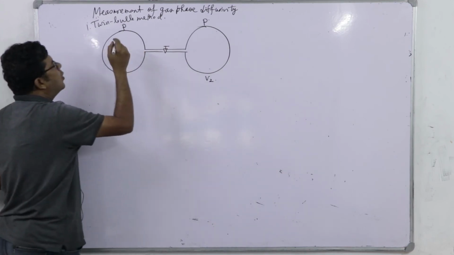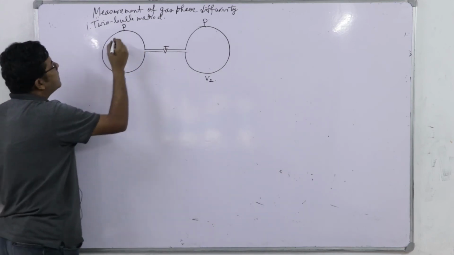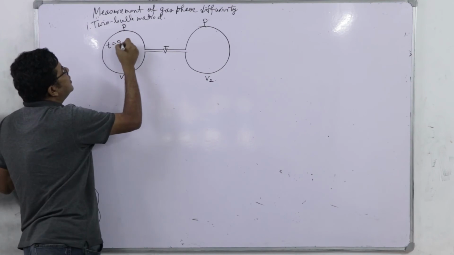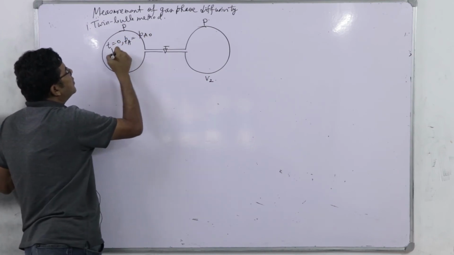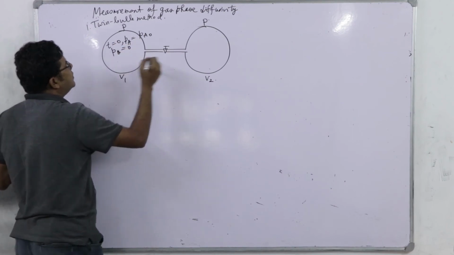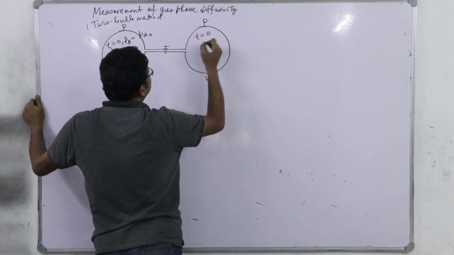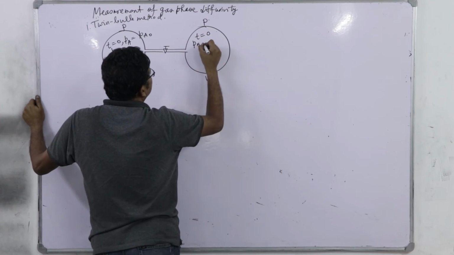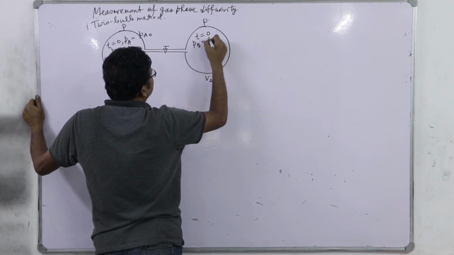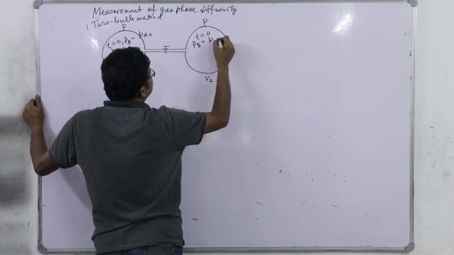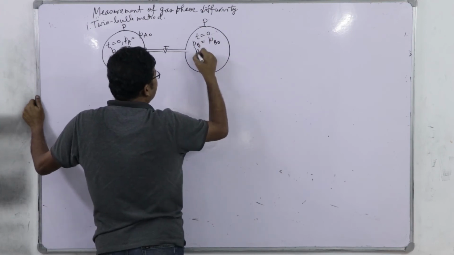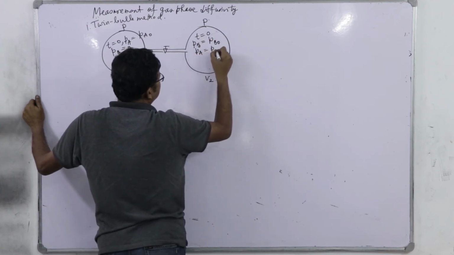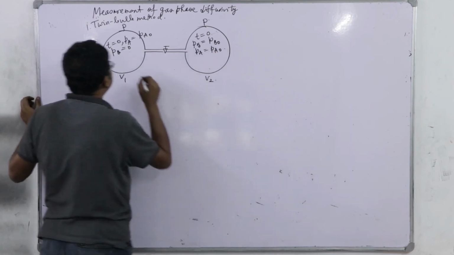Now, here we load A, right. So, at T equal to 0, PA equal to PA0, PB is equal to 0, and here at T equal to 0, PB equal to PB0, and PA is equal to PA0, right.